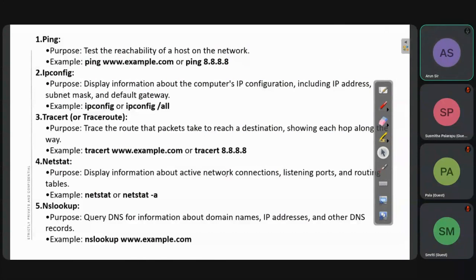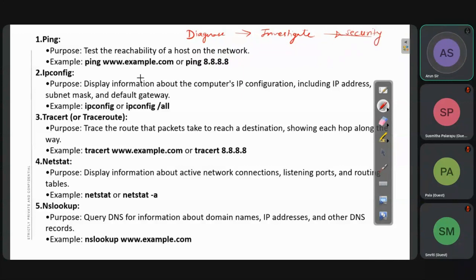So we know something related to IP addresses now. We know that IPv4 is there, IPv6 is there. Now we need to know how we can diagnose the internet, or when we want to check and investigate, all for security purposes.